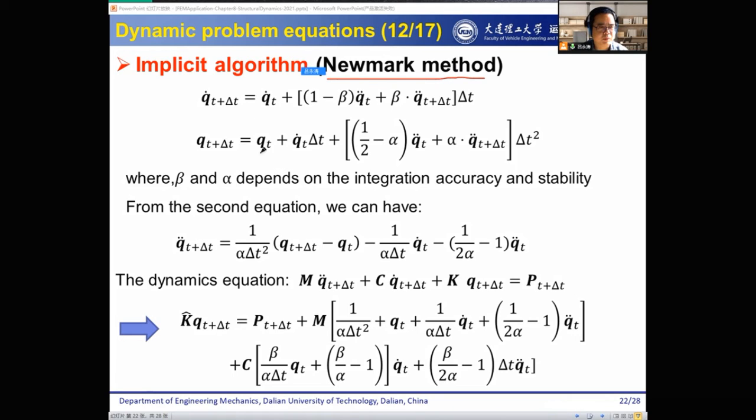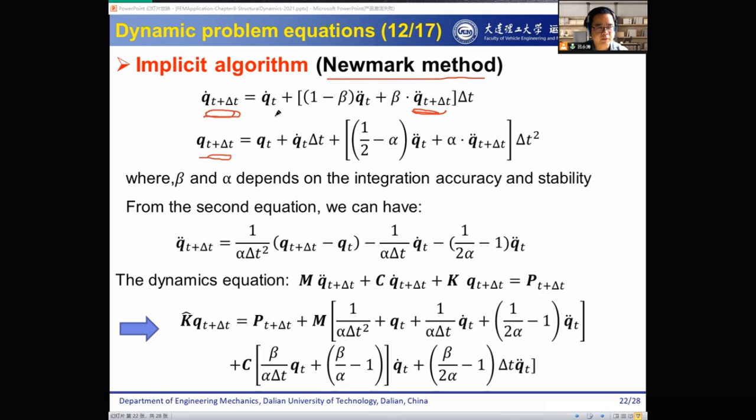So let's have a look. What is the implicit algorithm and what's the meaning? Again, we have this: this is our velocity at time plus delta t, and then we have the acceleration, and the displacement at time plus delta t.